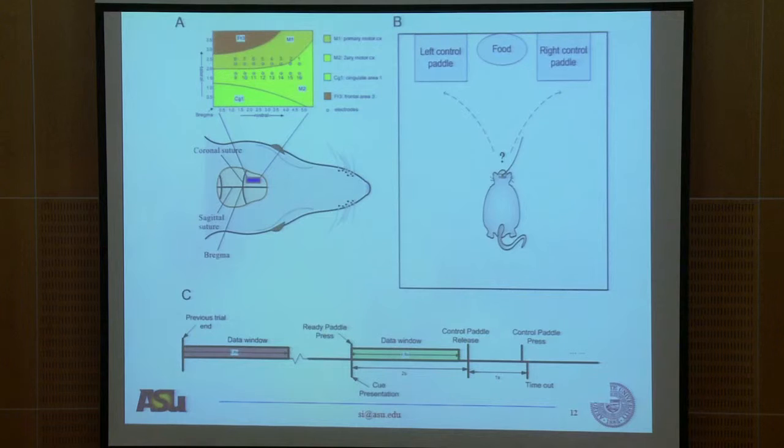So here's the experiment. The rat is inside a Skinner box, and he faces a panel, and this control panel has lights on the side and has two pedals underneath. If he sees a cue on the left side, he should go press the left pedal.